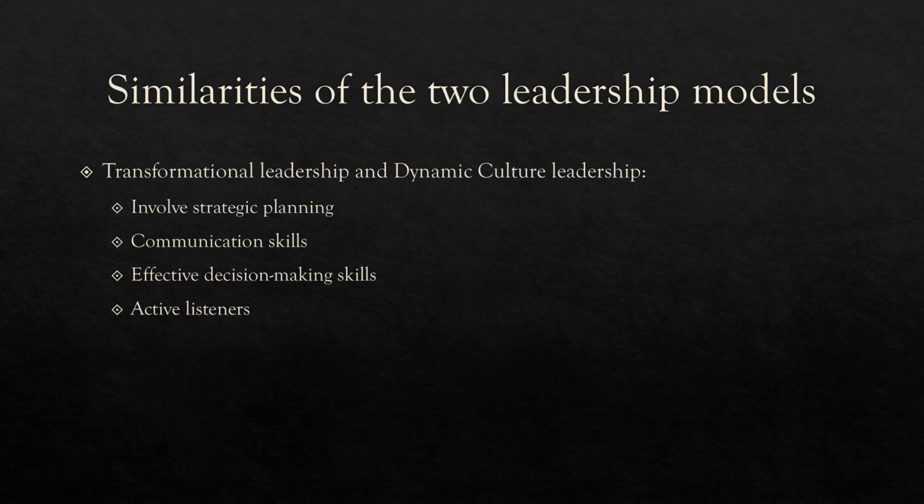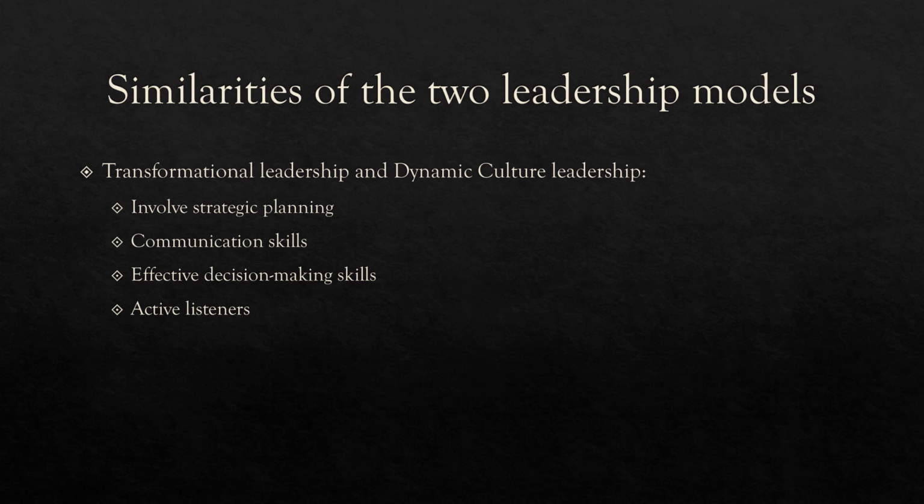Similarities of the two leadership models, transformational leadership and dynamic culture leadership: both of these models involve strategic planning. They both show effective communication skills, as they both improve and encourage communication between all staff and their leaders.